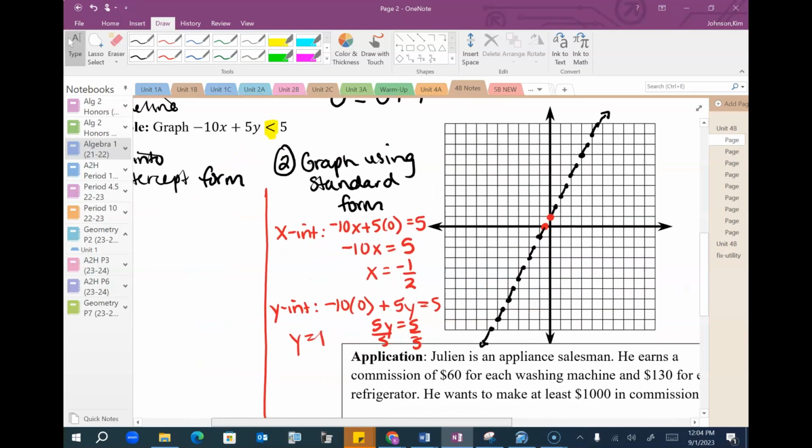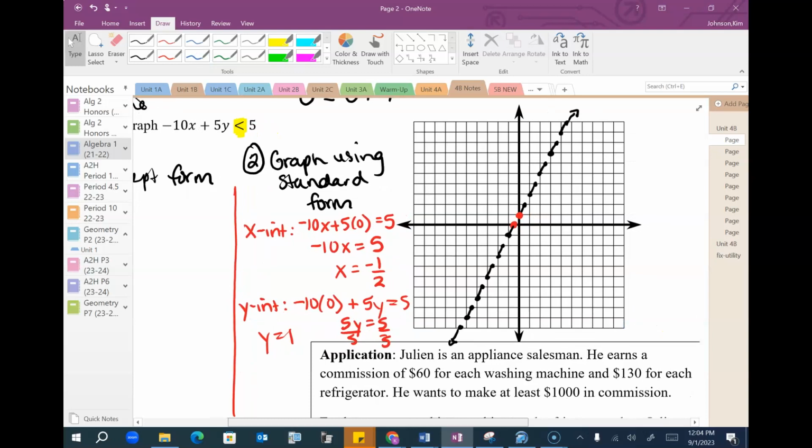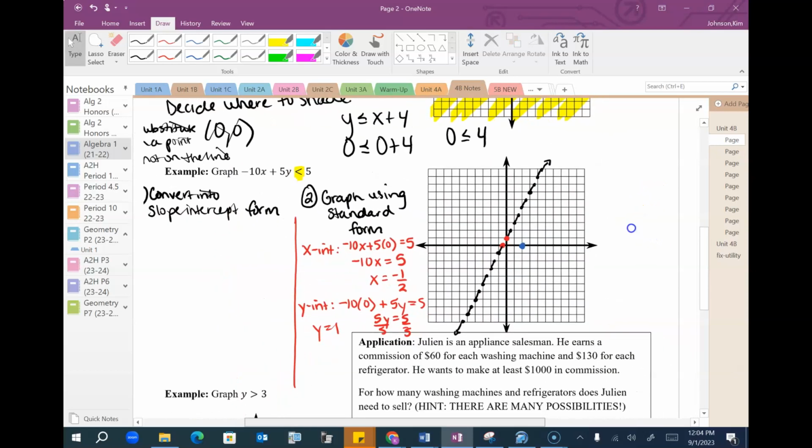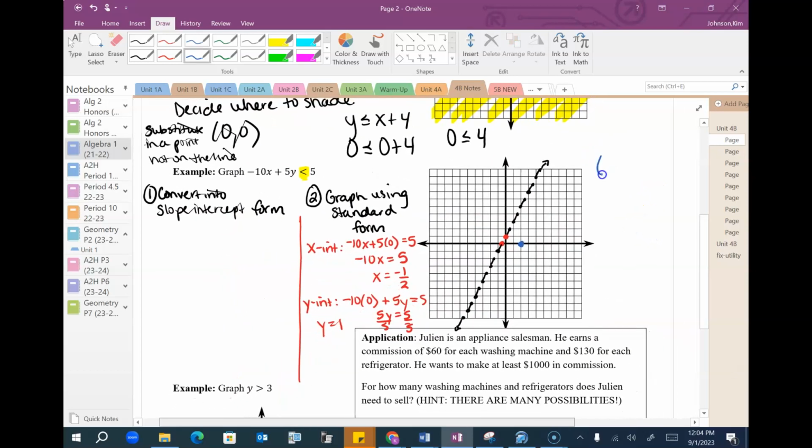And last but not least, I have to decide where to shade. So I'm going to pick a point that's clearly not on the line. So this point right here is 2, 0. I'm going to substitute 2, 0 into the inequality negative 10x plus 5y is less than 5.